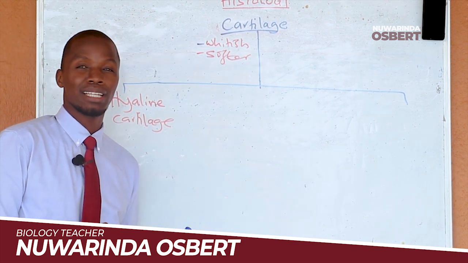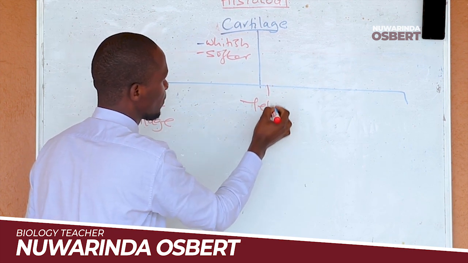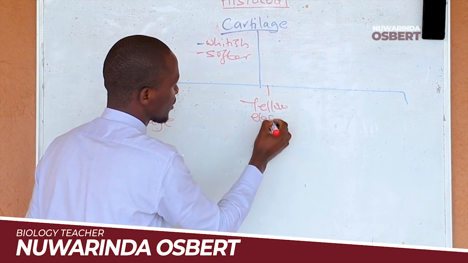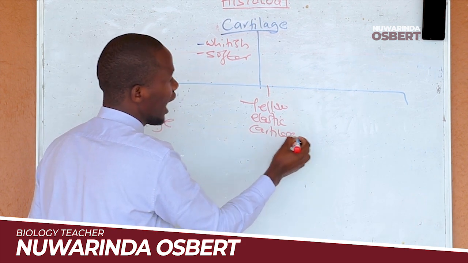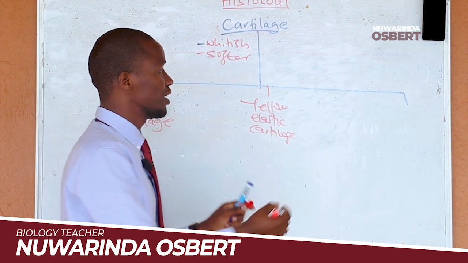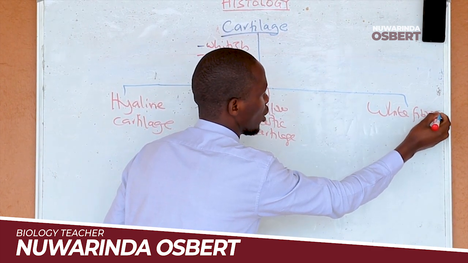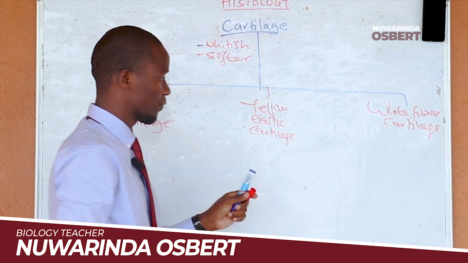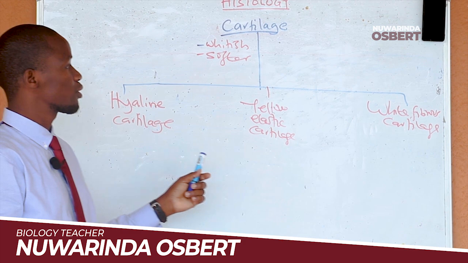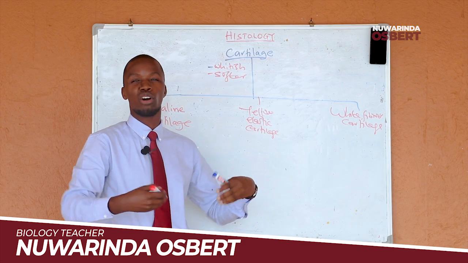We have also got a type of cartilage which is called yellow elastic cartilage. And then we have also got a type of cartilage which is called the white fibrous cartilage. Now, these different types of cartilage, their names derive from what they are composed of.